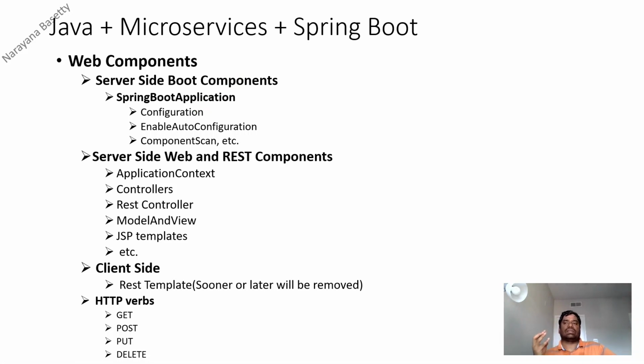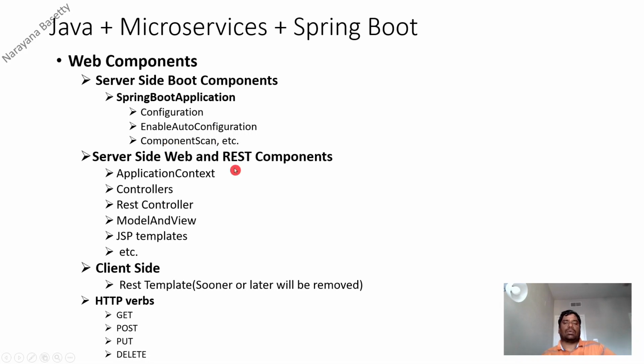One is configuration, whatever class you specify with the @Configuration annotation will be loaded automatically. Then enable auto configuration, which is the default auto configuration. The Spring container loads lots of default objects to make them available when starting up the web container. If you want to exclude some of those, definitely you can go ahead and exclude them.